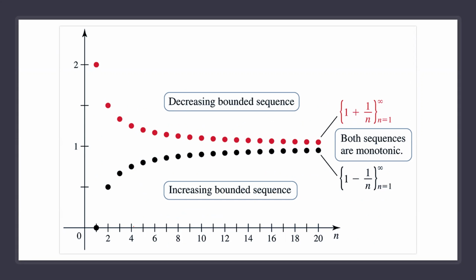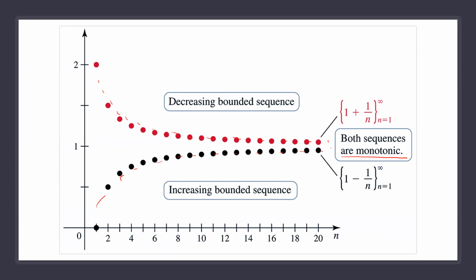The black is an increasing bounded sequence. You see how that looks, right? So both of these are what we call monotonic sequences, because each moves in just one direction. This one just goes down like this, and this one just goes up like this. It just goes in one direction, and that is monotonic.